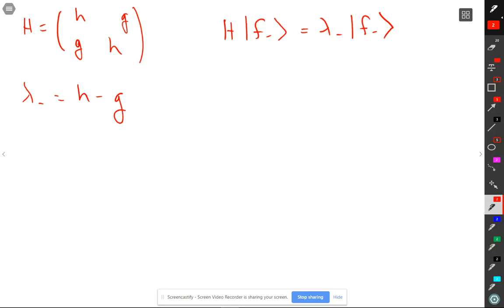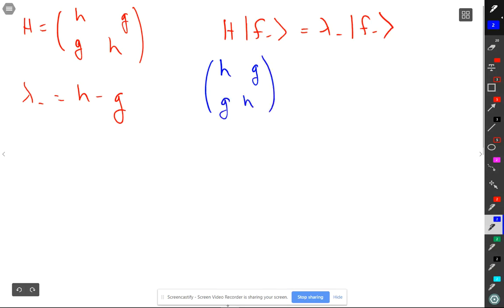What should I do now? I should write out a new matrix with H minus lambda. Okay, that's what I assume you meant.